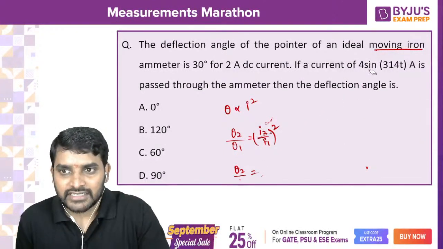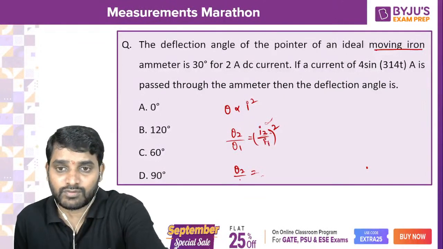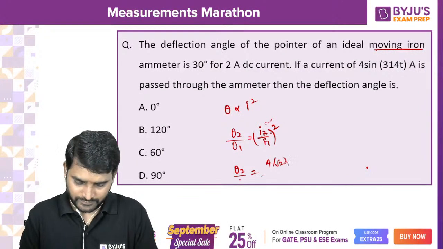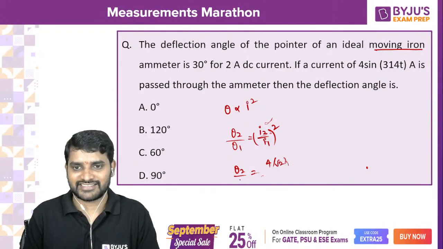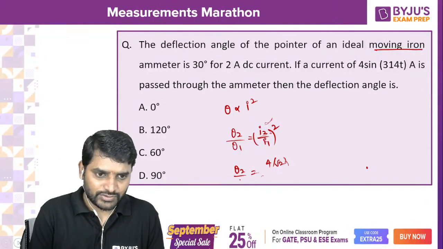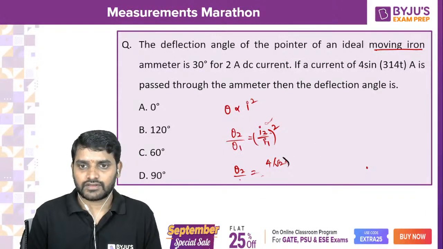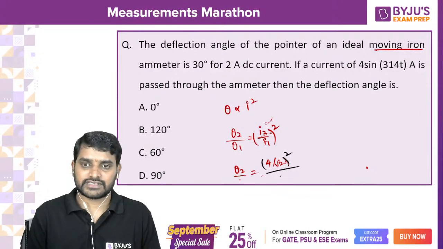But this is the maximum value of the AC current, and I want the RMS current now. So 4 by root 2. Please do it and tell me the answer. 4 by root 2 whole square by I1, which is 2 amperes, that is 2 whole square, into theta 1.